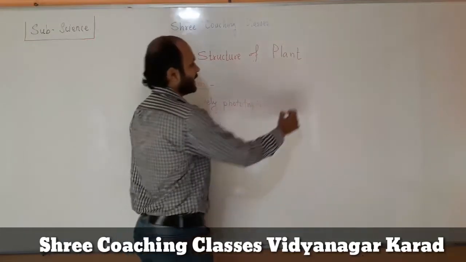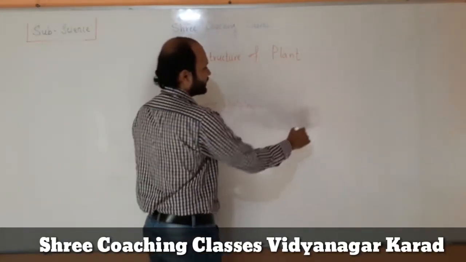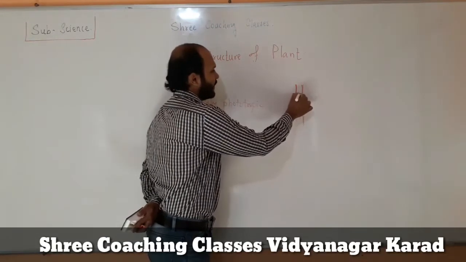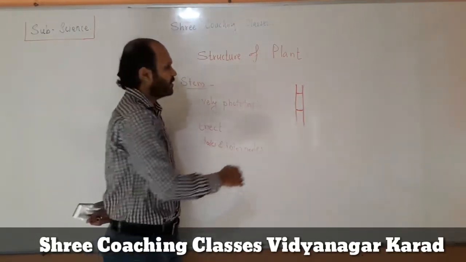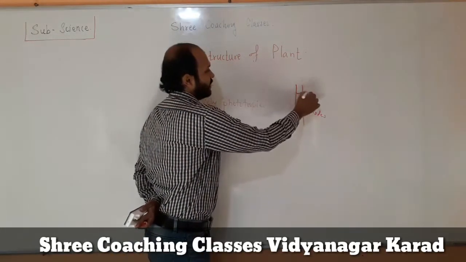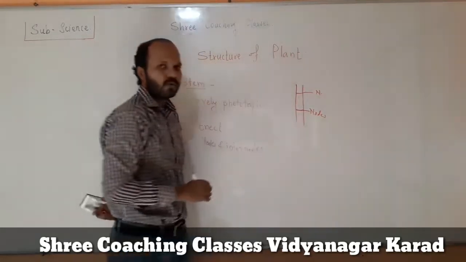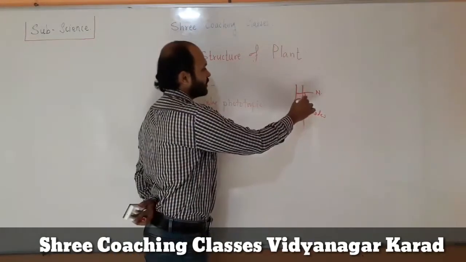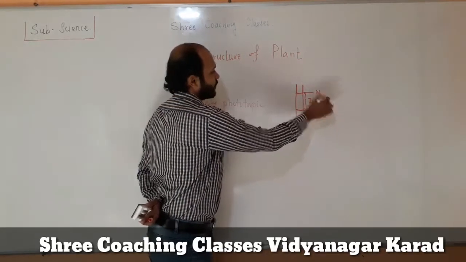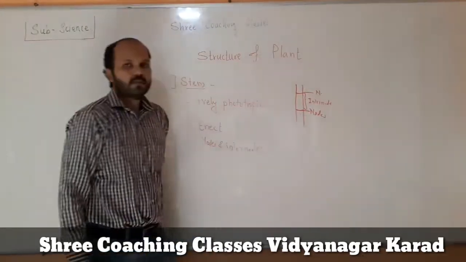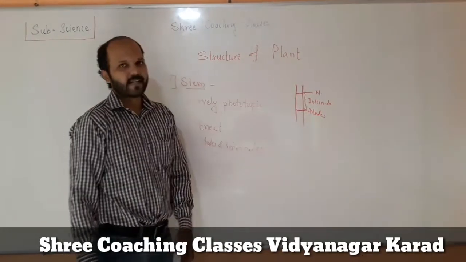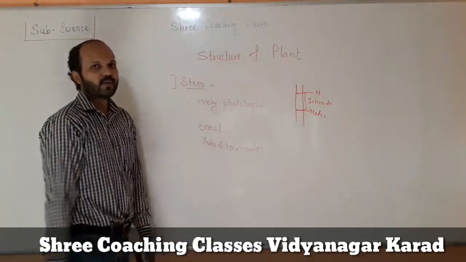Now what are nodes and internodes? Suppose it is a stem. On that stem we can find these types of structures. This is known as a node. Suppose it is one node, it is a second node, and in between two nodes, the internode is present.